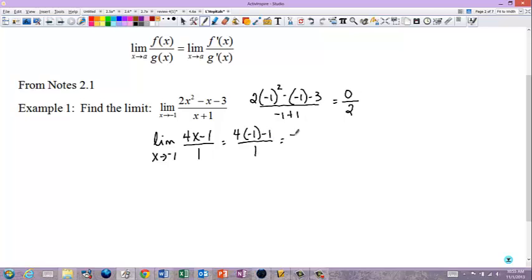So negative 4 minus 1 is negative 5, which is what I would have gotten if I had factored this into 2x minus 1 and x plus 1. Is that 2x squared plus... Nope, that won't work. This is why I don't guess and check.